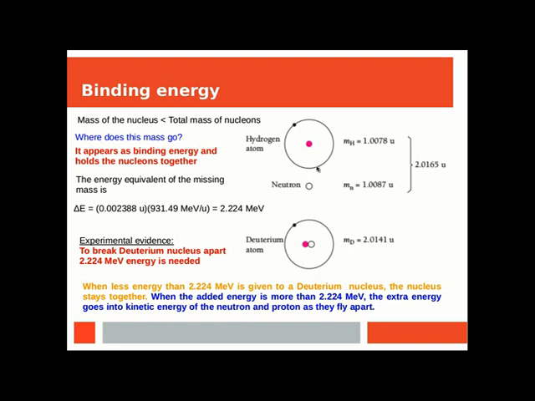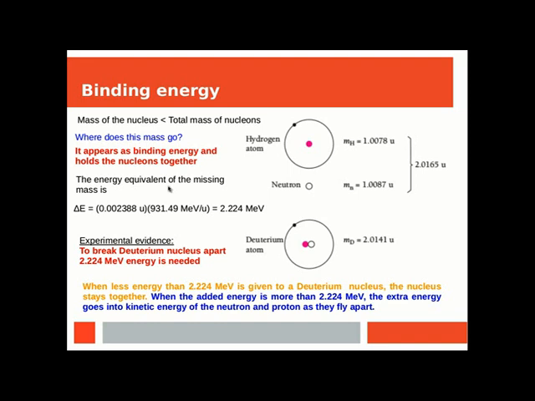So why is this mass less than the total mass of the constituents? Where has this defect mass gone? The answer is that the defect mass appears as binding energy.